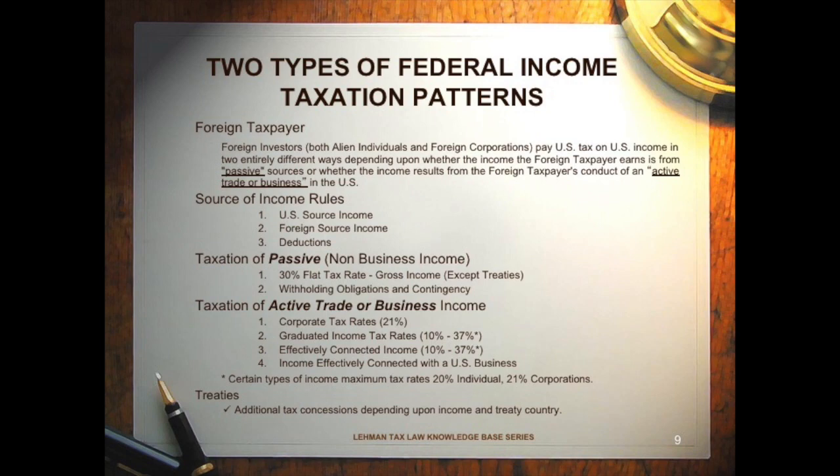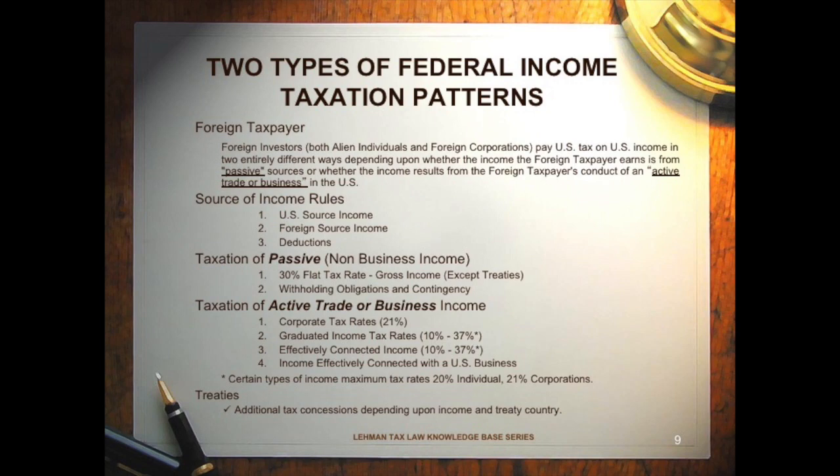They don't go up to 39.6 anymore. And these graduated rates are applicable to what we call effectively connected income. In other words, income from the United States from a business source that is connected to the United States.